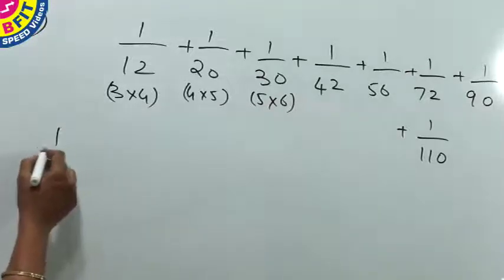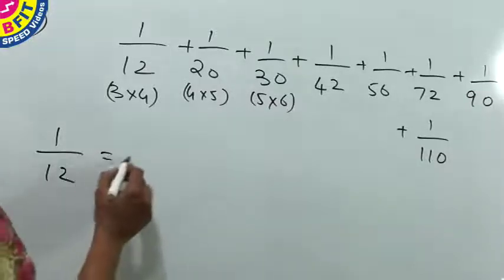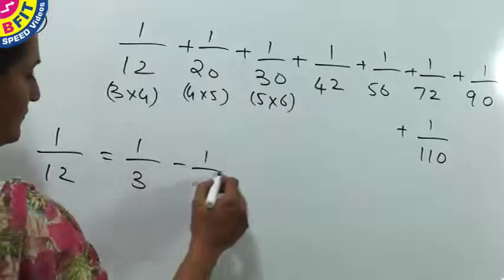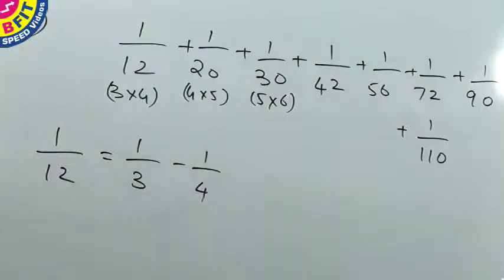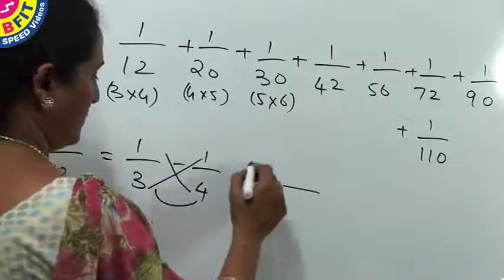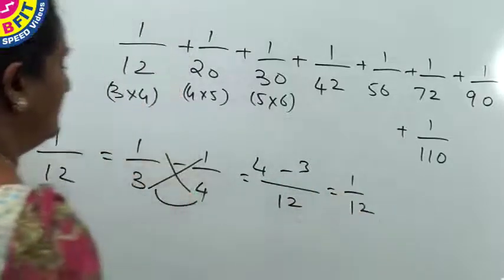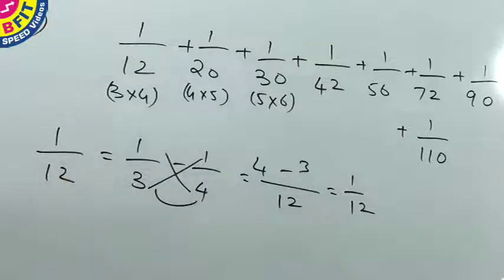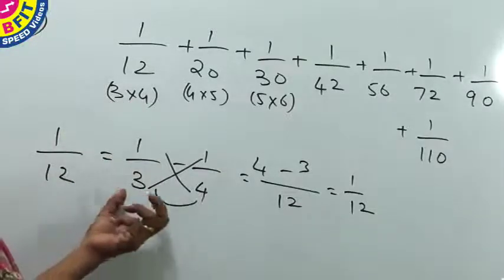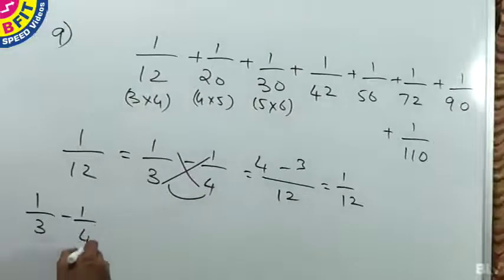So 1 by 12, where 12 is the product of 3 and 4, we rewrite as 1 by 3 minus 1 by 4, which when subtracted, 4 minus 3 by 12, is equal to 1 by 12. So for consecutive numbers, when you subtract the fractions, you get the same 1 by 12. Rewriting all the fractions, instead of 1 by 12, it is 1 by 3 minus 1 by 4.